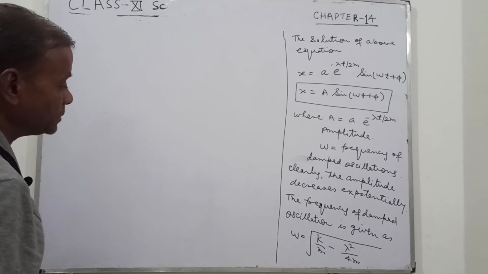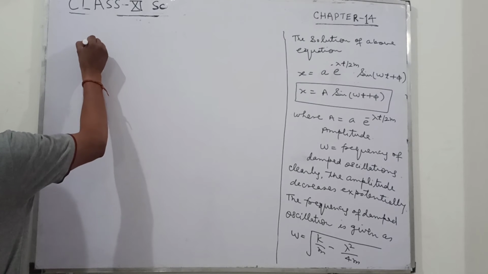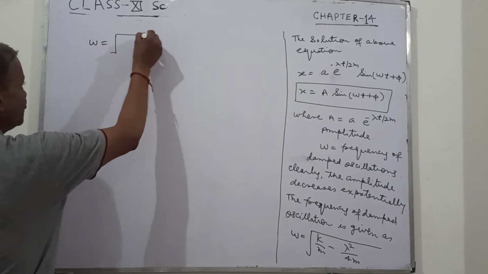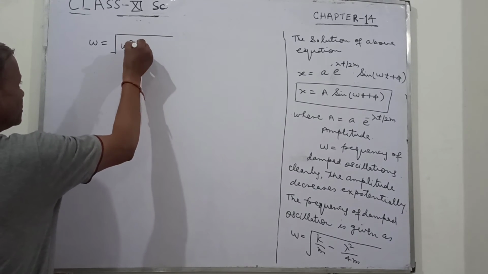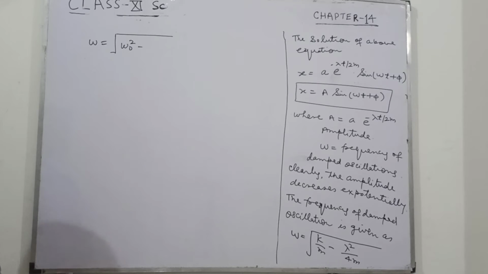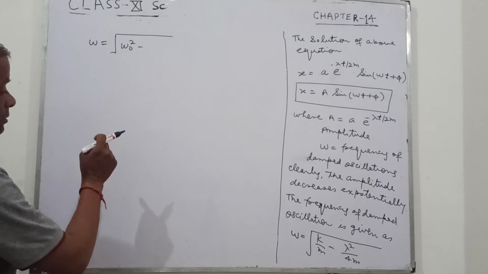And now if you put this value, then we can have this omega equal to square root of k upon m, which is omega naught square, minus lambda square upon 4m. So we are having lambda upon m equal to 2r, so this is now 4r square, so this is now r square.